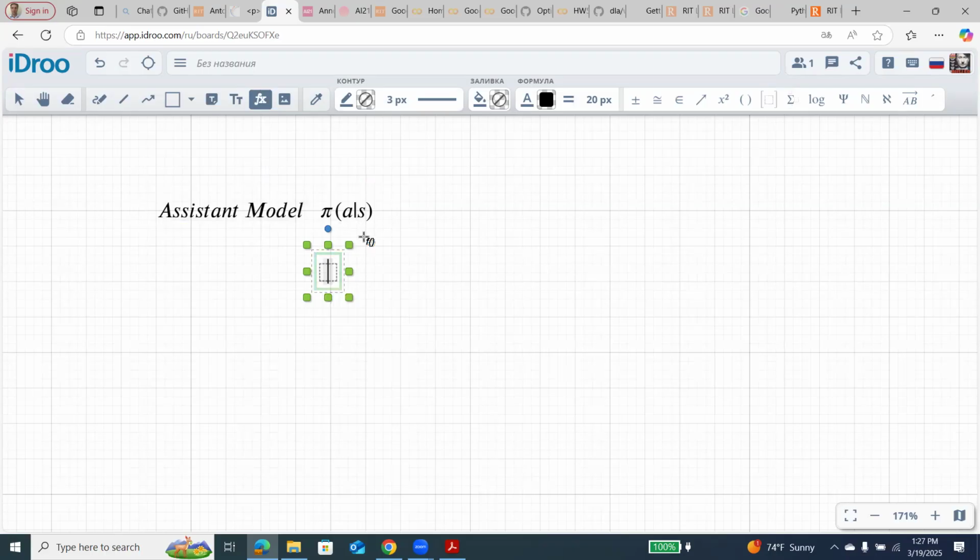So s will be the prompt or previous dialogue, and a will be the answer generated by our model.